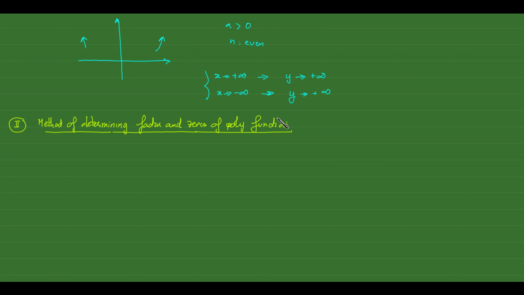In order to determine the factor and zero of a polynomial function, we use a concept we already learned in elementary school. Actually, we use the division rule.